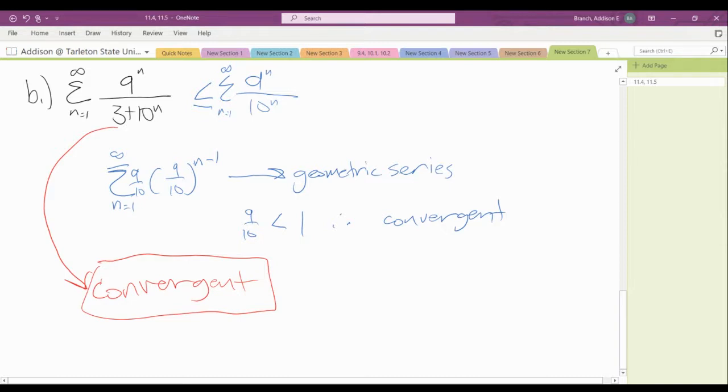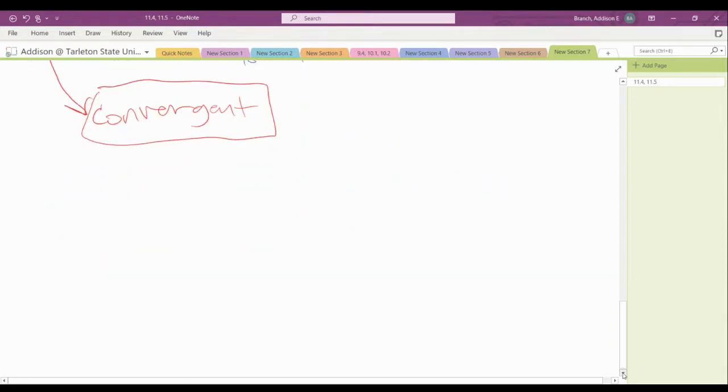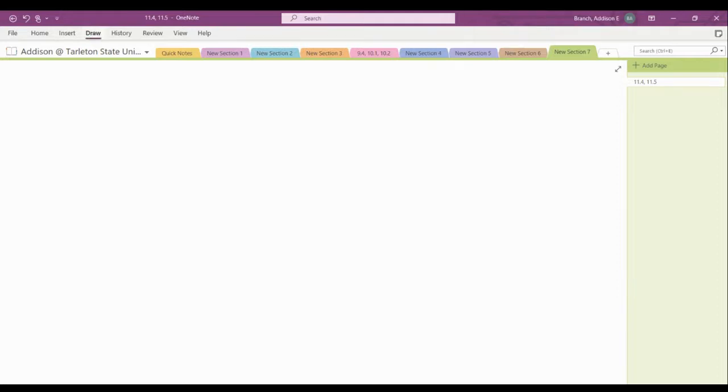All right, so let's go ahead and try one more example with our direct comparison test. So for this one, our series is going to be n plus 1 over n square root of n.